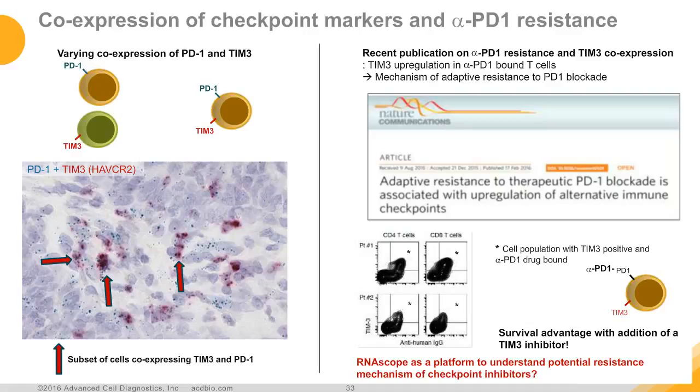A recent publication revealed this aspect in targeting specific immune checkpoints. In the case of lung tumors, adaptive resistance to anti-PD-1 treatment developed, resulting in the upregulation of TIM-3 in PD-1 antibody-bound T cells. What this suggests is that the upregulation of TIM-3 and other immune checkpoints may be targetable biomarkers associated with adaptive resistance to PD-1 blockade.